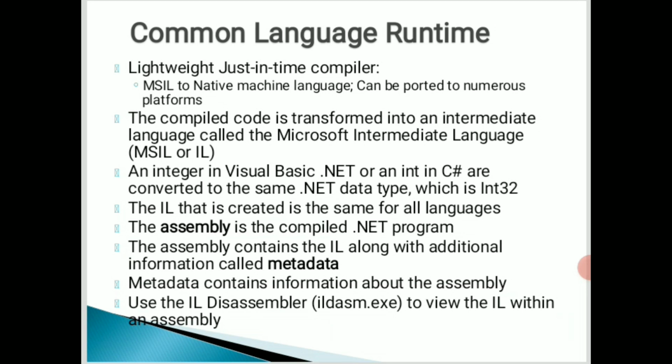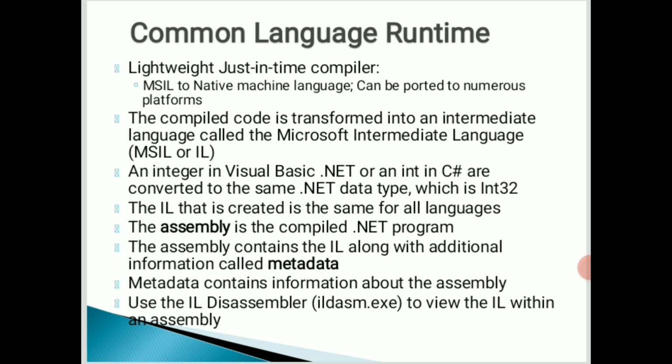The compiled code is transformed into an intermediate language called the Microsoft Intermediate Language. An integer in Visual Basic .NET or an int in C# is converted to the same .NET data type, which is Int32. The IL that is created is the same for all languages.